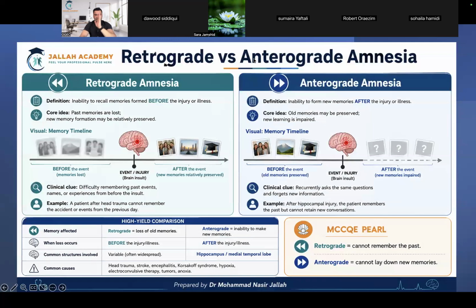Anterograde, anything anterior that's coming in front of you. So new stuff that's coming, right? Anterior. So this is how I remember. Retrograde, remote. Anterograde, anterior. New stuff. Like this is anterior, right? Anterior, and this is remote, past.